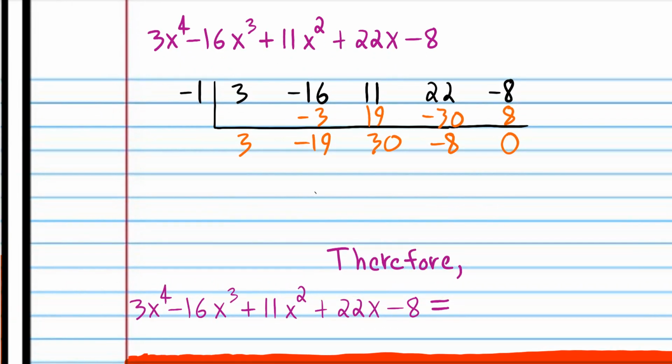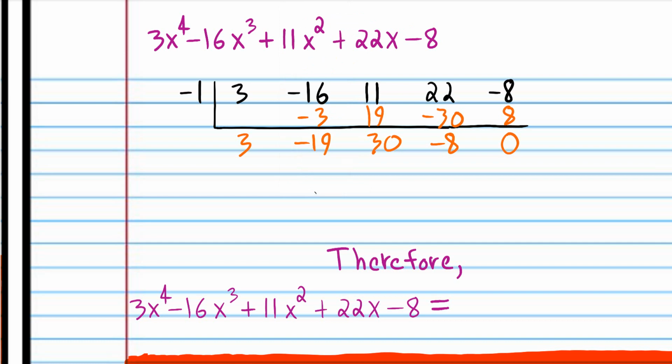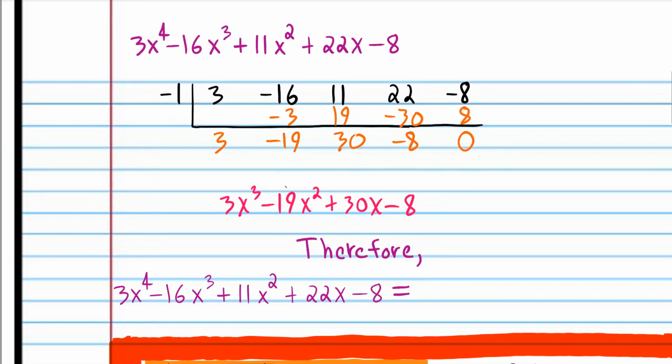So now we can write what we call a depressed polynomial. Here we have degree 4, but now we have a degree 3 polynomial. And we got these numbers from there.